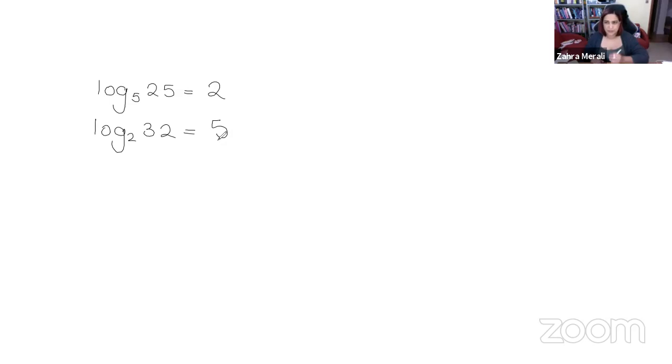Now, what you have to remember with logs, let's think about log base 4 of 1. So 4 to the power of something gives you 1, which is going to be 0, because 4 to the 0 equals 1. I could make that base anything.